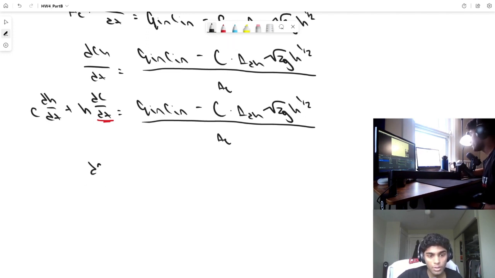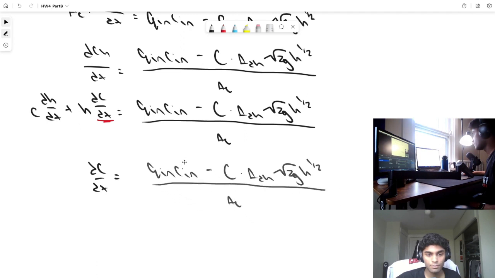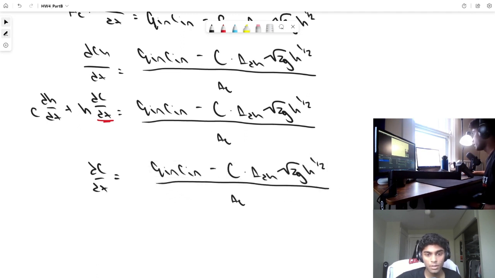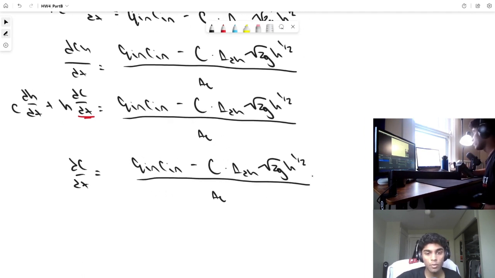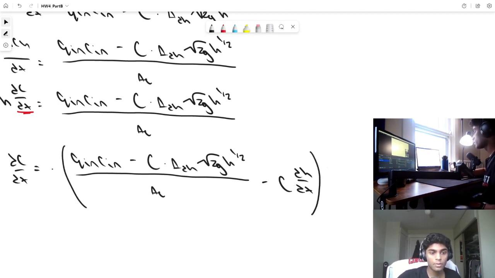So what we end up with is dC/dt is equal to the same expression, and we are going to subtract the concentration times the rate of change of the height, and we're going to multiply this entire thing by 1 over h.